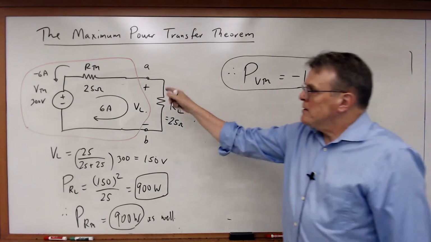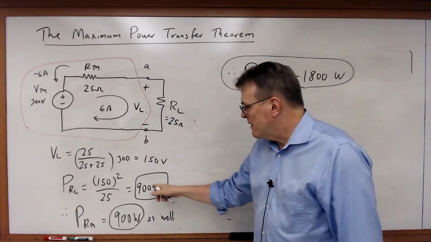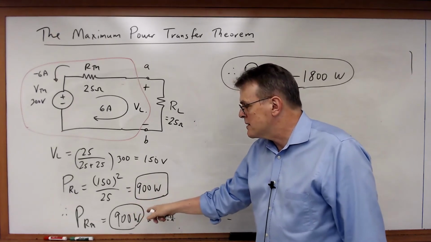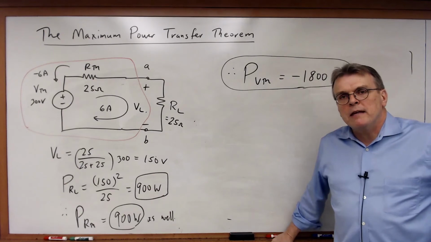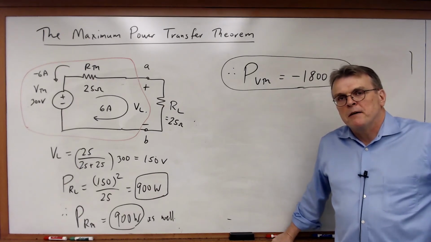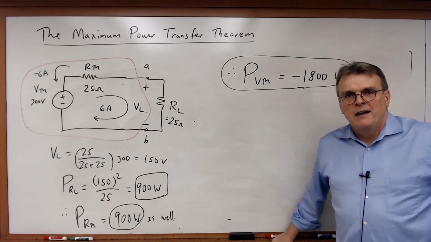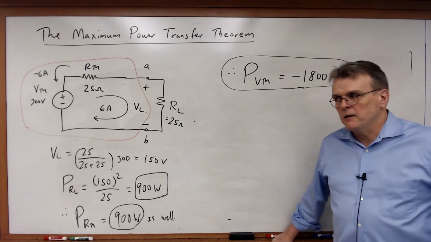Now, I point out the fact that the Thevenin resistance has a power dissipation equal to the load power dissipation, because that is a consequence of the maximum power transfer theorem.